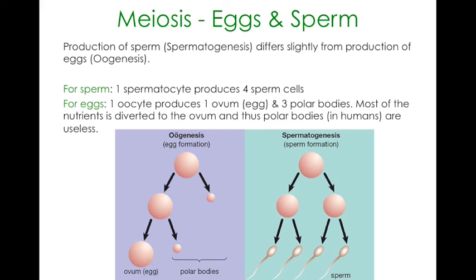So that's what it looks like. This is meiosis at work, producing your sperm. There is your spermatocyte, splitting into 2 in meiosis round 1, and splitting into 2 again in meiosis round 2 to form your 4 sperm.